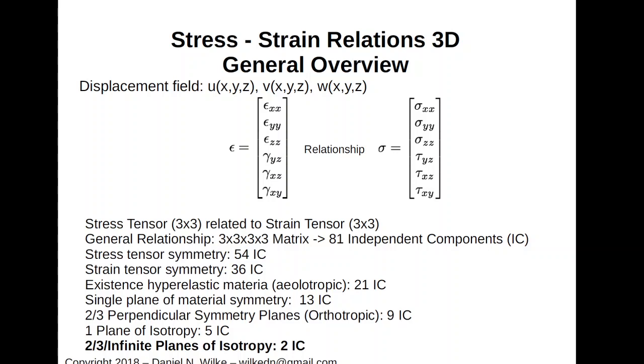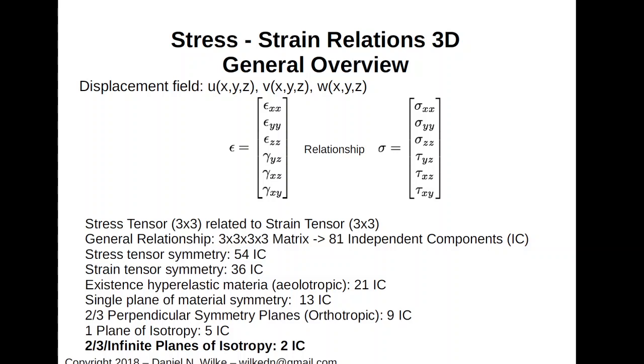We're reducing some of those freedoms, saying we're not looking at the most arbitrary general mapping, but that we need to preserve at least the symmetries. Then we end up with 36 things that we have to know about the material relationship between strain and stress. That's a lot of components to know something about.